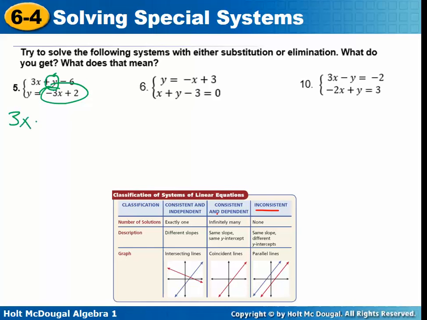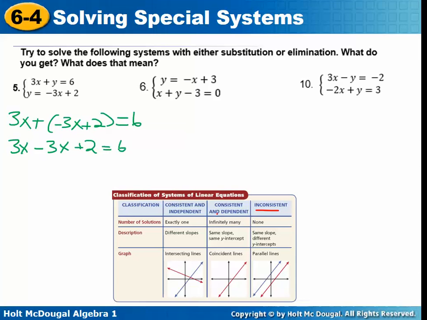So I have 3x plus y, and y is negative 3x plus 2, and that is equal to 6. So 3x, and then I have negative 3x, and then I have plus 2 equals 6.